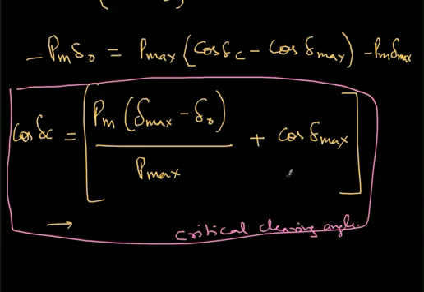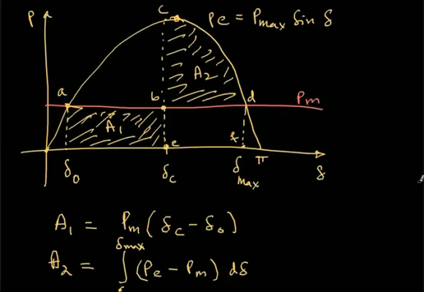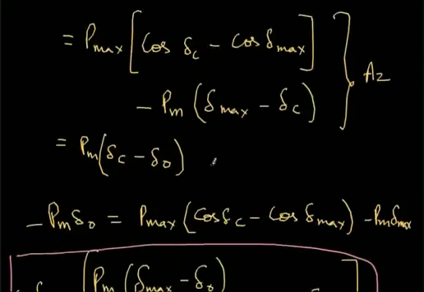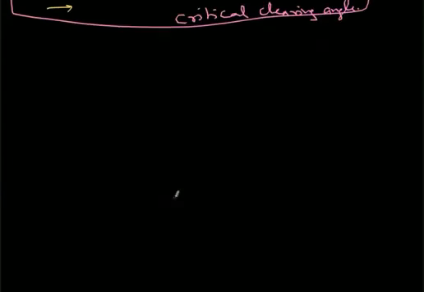Now just a little bit more is there. Now that you know delta C, I want to find out the critical clearing time. I know delta C, so at what time the angle delta C will be reached, before that time I can clear the fault. For that we need to go back to the swing equation.